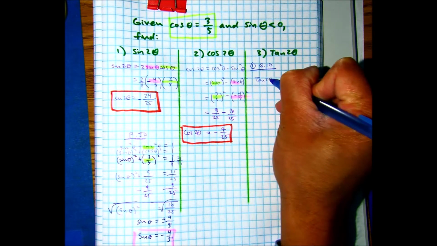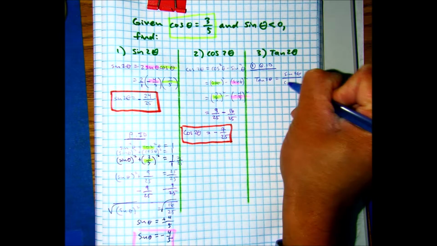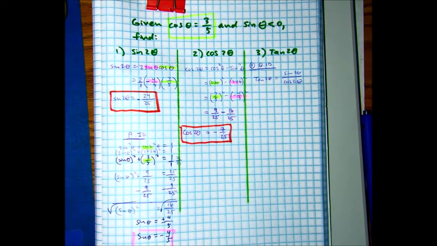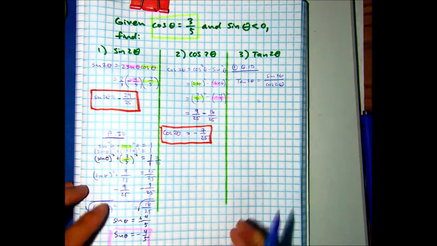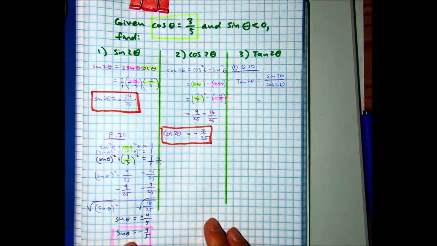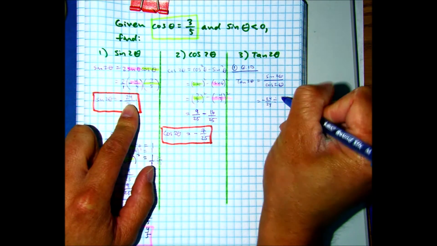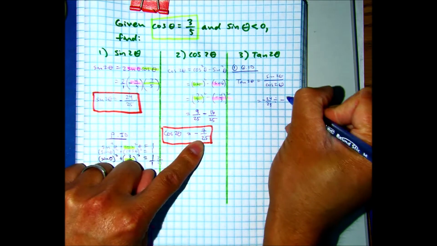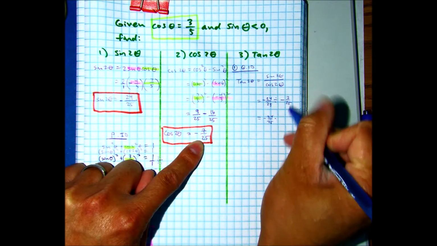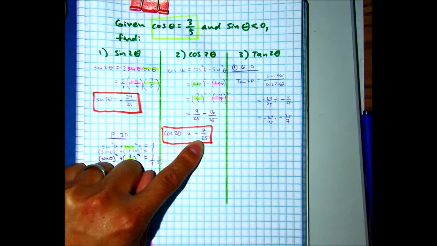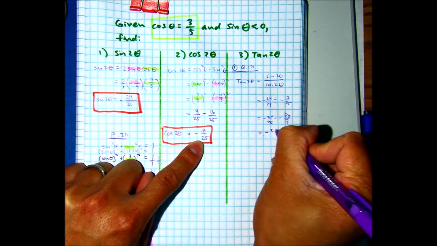The double angle of tangent equals sine of the double angle over cosine of the double angle. This is just one way, and it works. Let's just do that really quickly. Sine double angle is negative 24 over 25 divided by cosine, which is negative 7 over 25. Times, flip it. Your 25s would cancel, and you get negative 24 over 7.